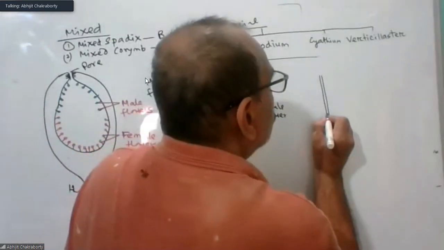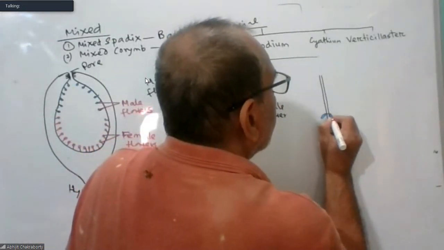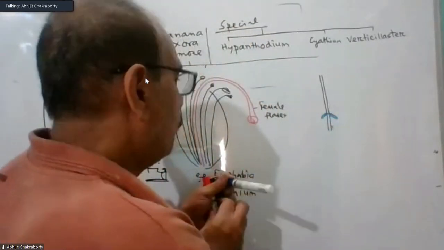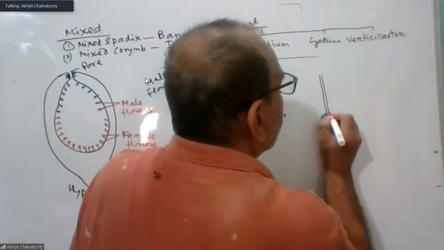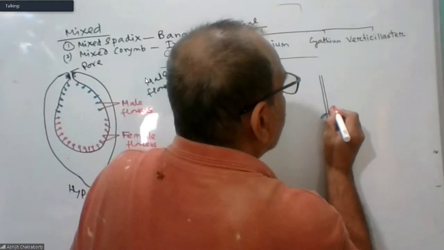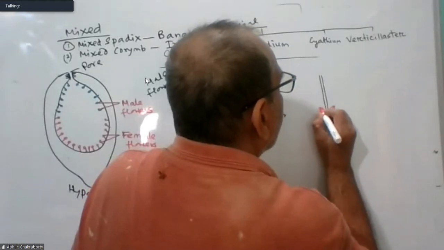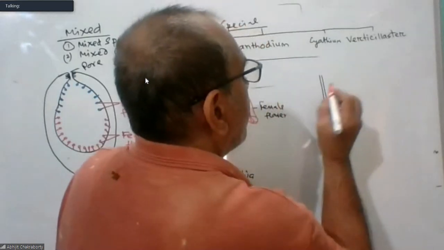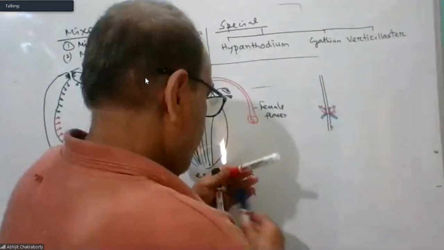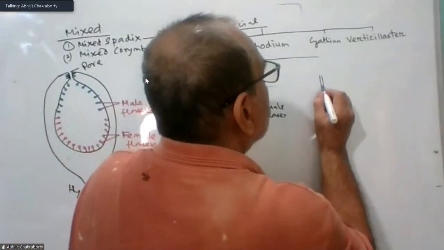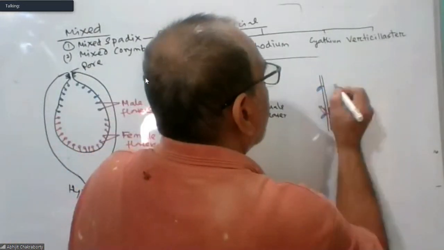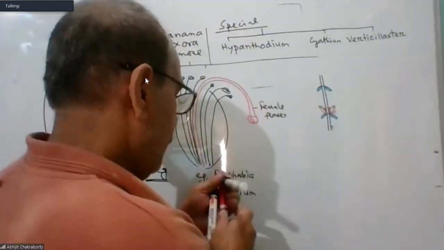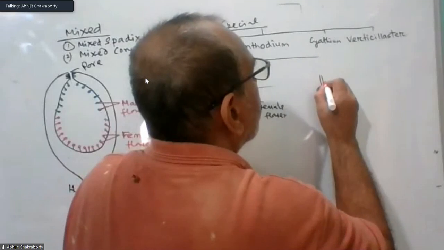Suppose here is the node. And at the node you will get the flowers. These are the nodes. Again you will get the flower.